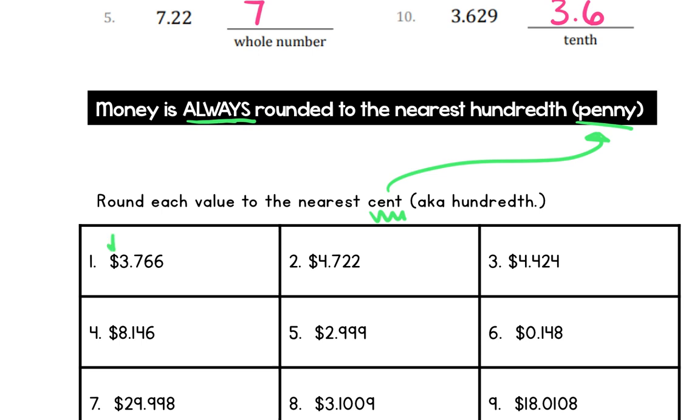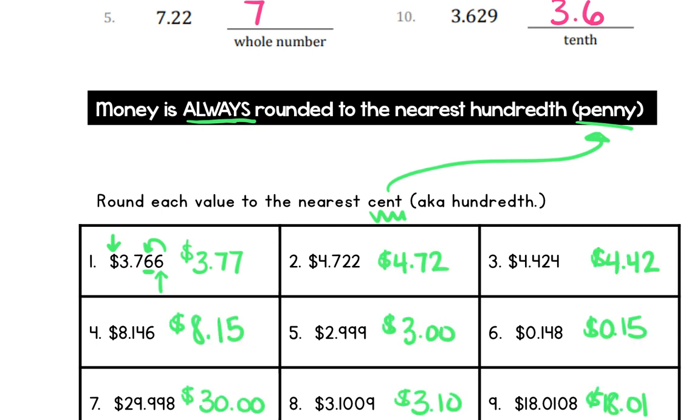This is because it has the money. We're going to round to the nearest cent. So we're going to look at the digit to the right. It's a 6. It's bigger than 5, so we're going to round up. And this is going to become $3.77. Go ahead and try the rest of them, then come back and check your answers. Here are each of these values rounded to the nearest cent.